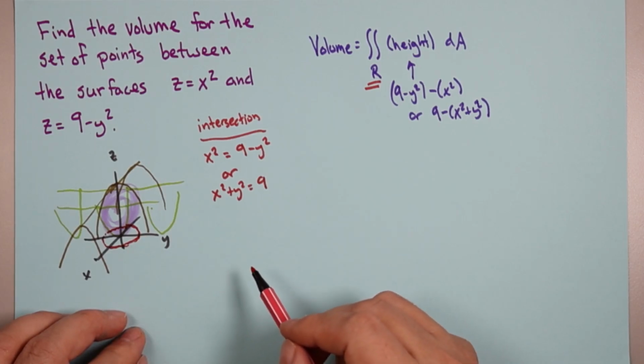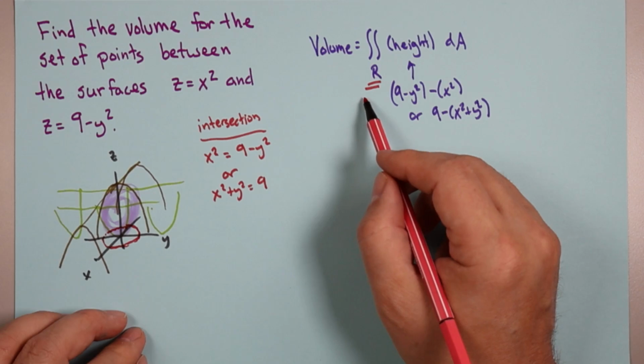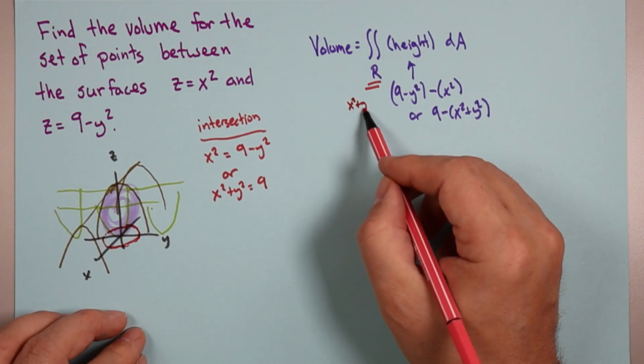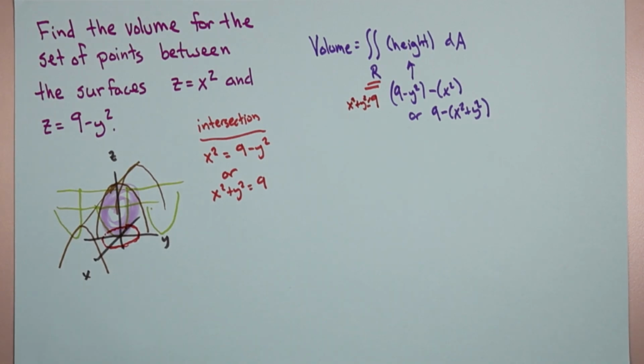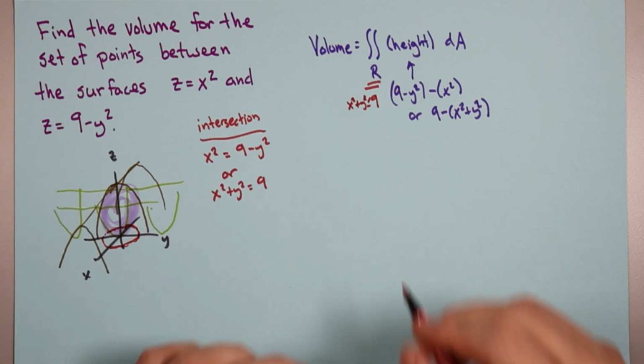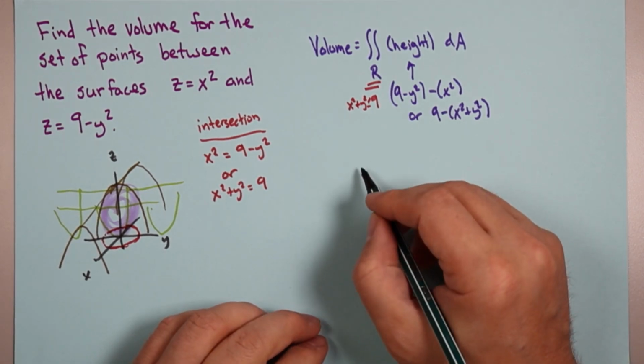And so our region here would be x squared plus y squared less than or equal to 9. And now we're like, well, wait, that's an awesome shape in polar. So let's write everything in polar. After all, it's our new tool, and we should try to get the most out of it.